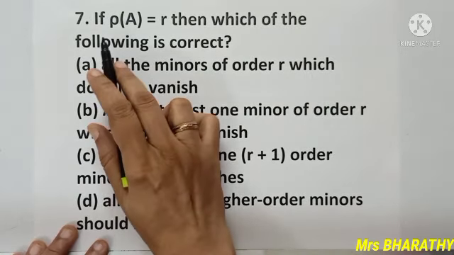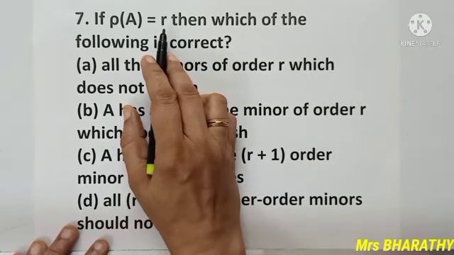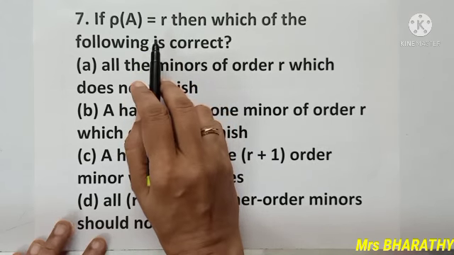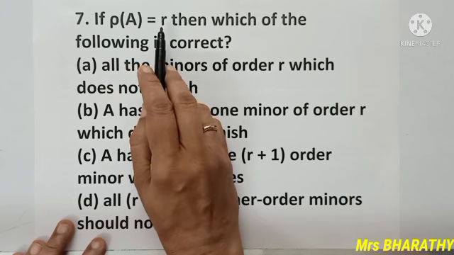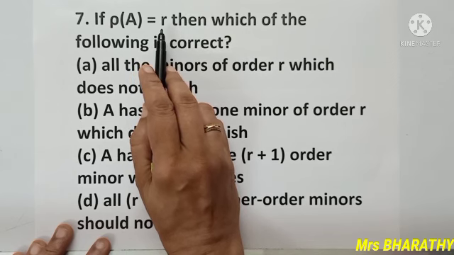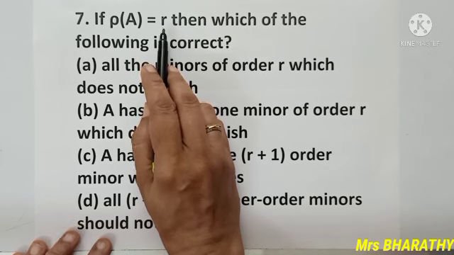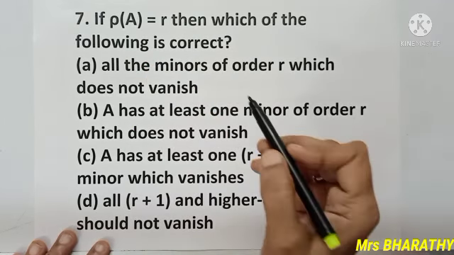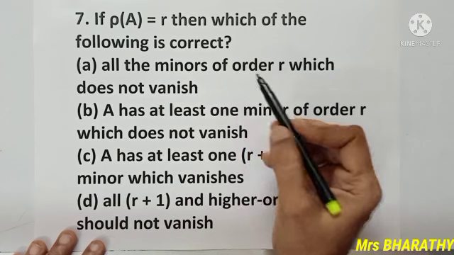Question number 7. Rank of A is R. So, when I read the question, what do I understand? When the rank is R, I declare there is at least one minor of order R that does not vanish. At least one minor. Check which answer suits our statement.